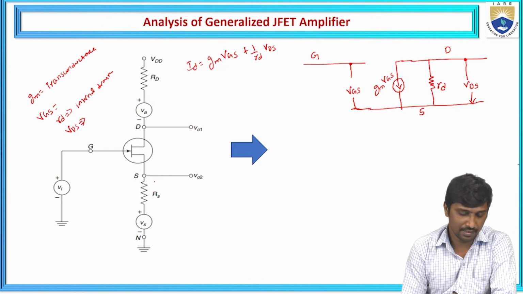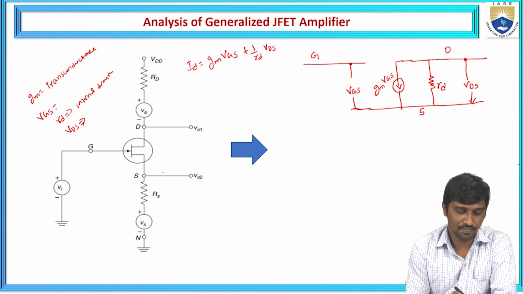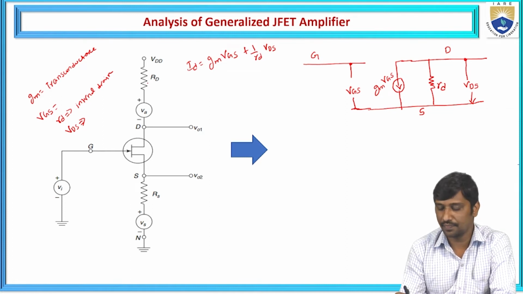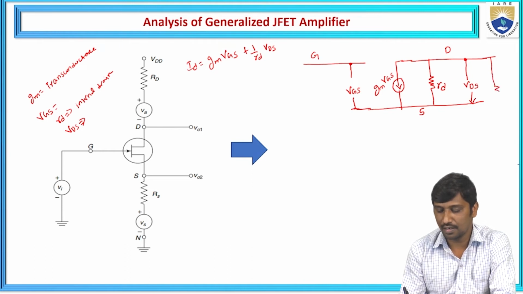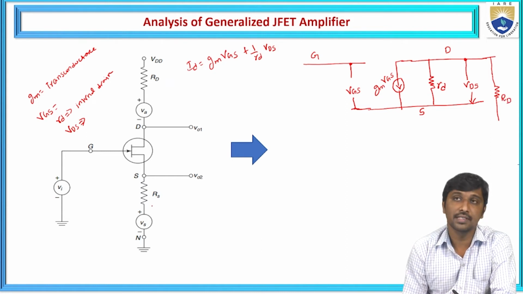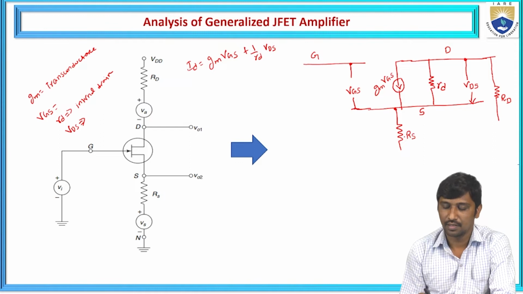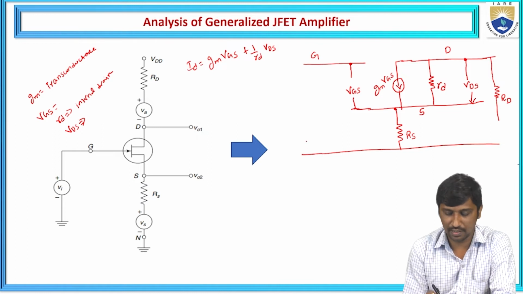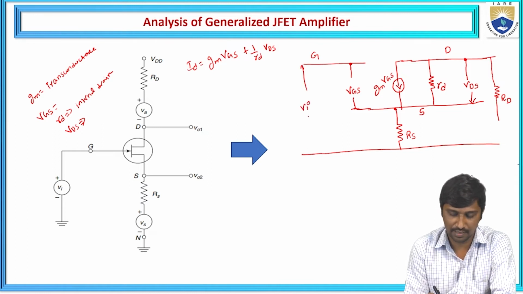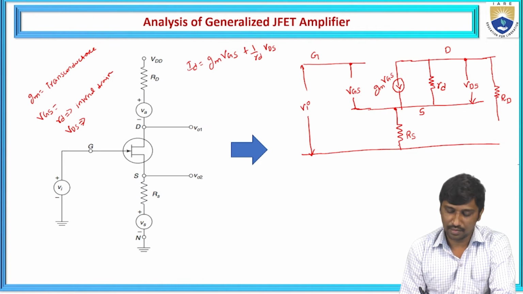Now we need to place the remaining external biasing resistances. One external biasing resistance is across the drain, let us consider this is capital RD, and one more resistance is across the source, this is RS. The input is applied between gate and source, let us take this as Vi.